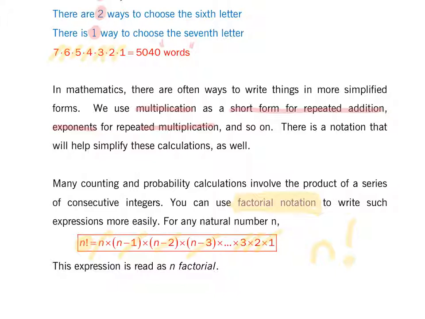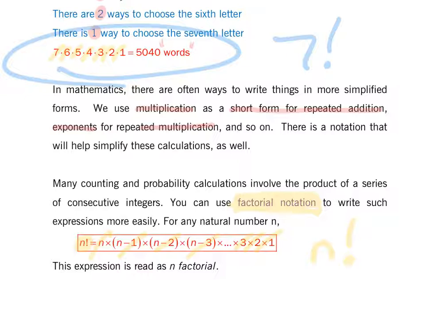So like if we take a look at up here, 7 times 6 times 5 times 4 times 3 times 2 times 1 is the same as 7 factorial. Okay? 7 factorial. All right. So we're going to use that idea to help us do questions from today's work.